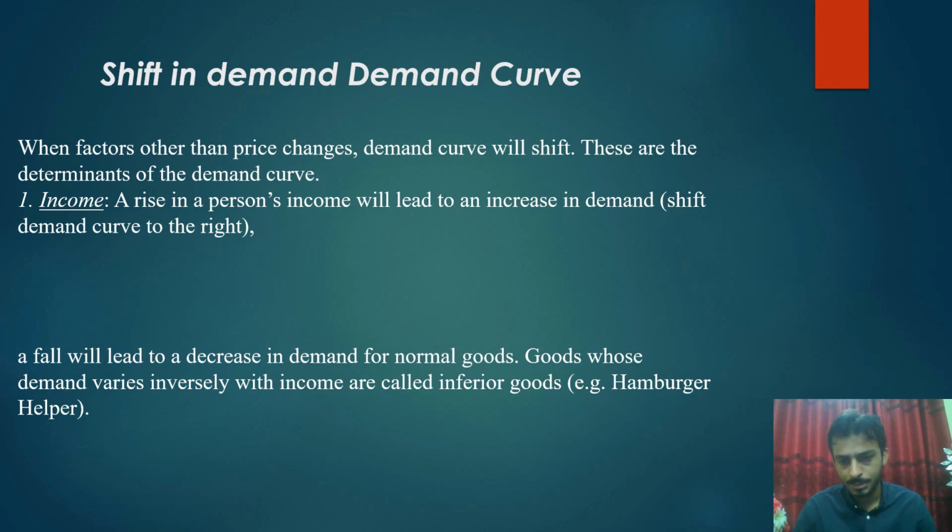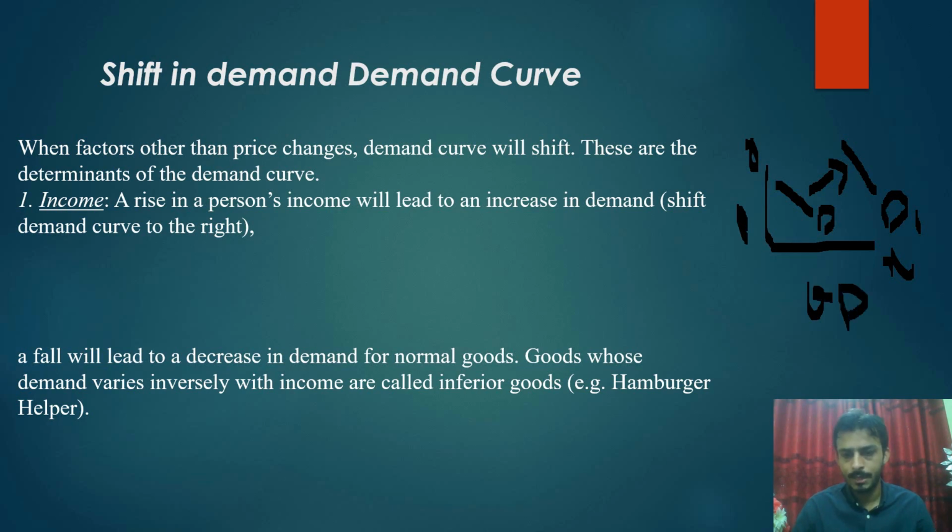It means if a person has income and the income has increased, it will shift the demand line or demand curve to the right, because now that person has more purchasing power and is able to buy more of that same product, or it might be a different one as well. So the demand line shifts to the right. Rightwards is considered an increase in demand, right?